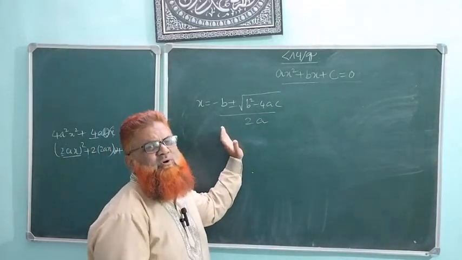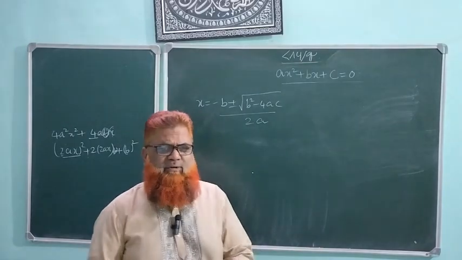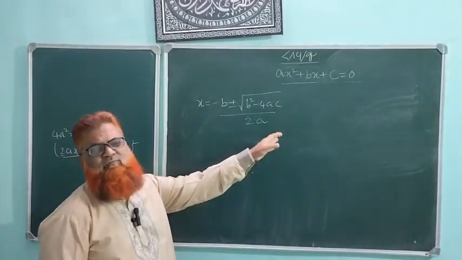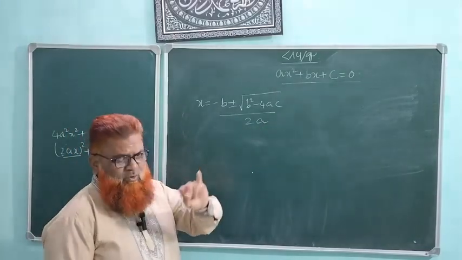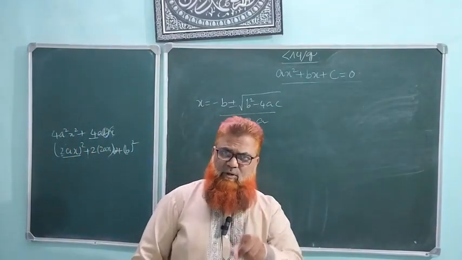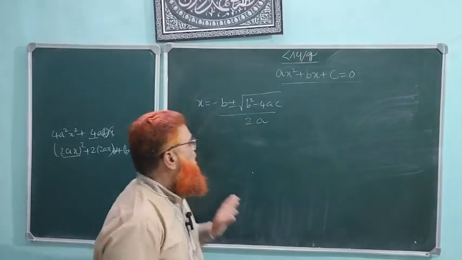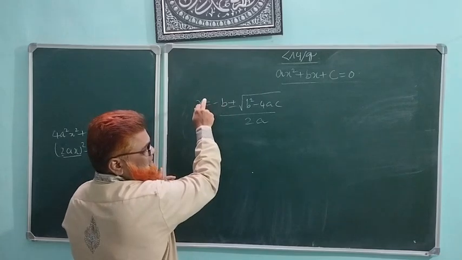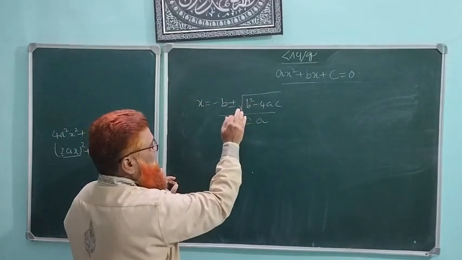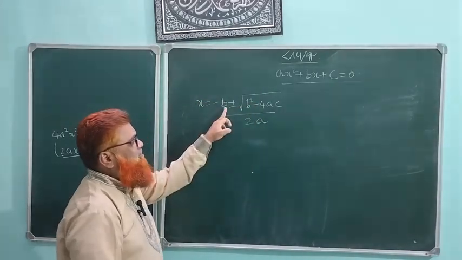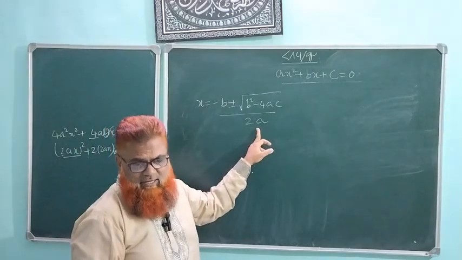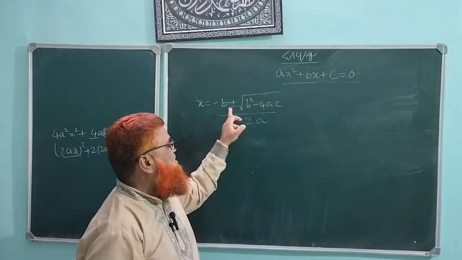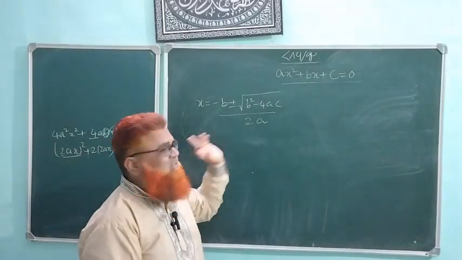On the right side, you don't find any variable at all because the variable is taken out as x into the left side, but only we have the real numbers. A is the coefficient of x square, b is the coefficient of x, c is a constant. Here b is not complete, a and c are missing out. Here in this denominator a, but b and c are missing out.